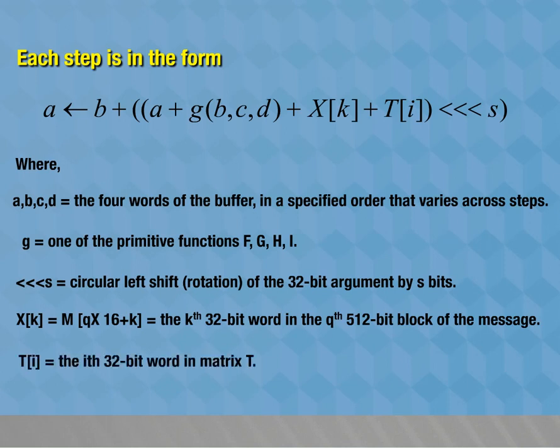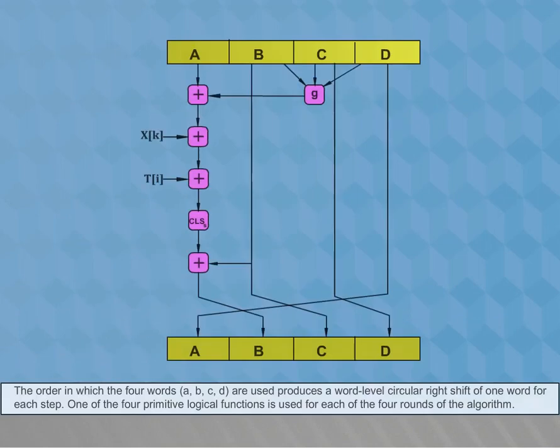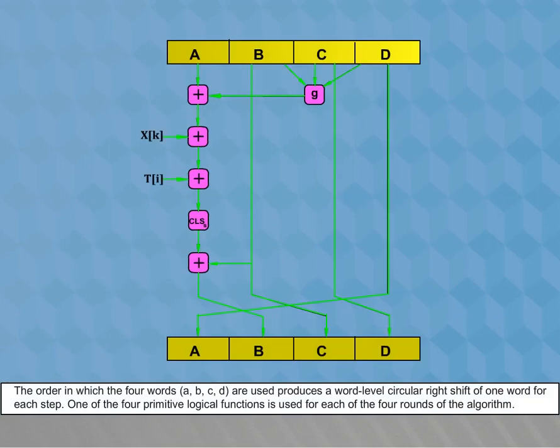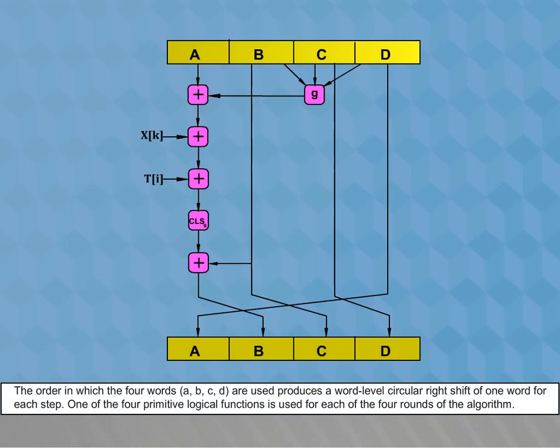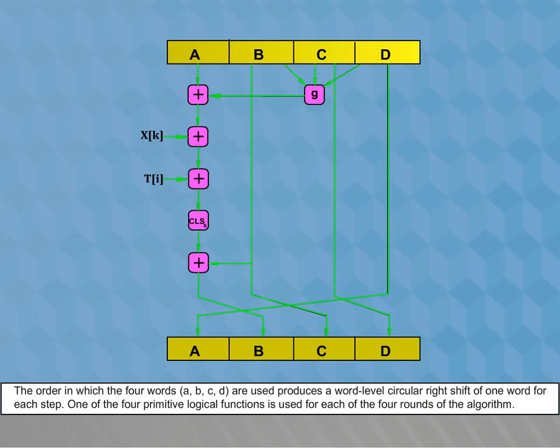T[i] is equal to the ith 32-bit word in matrix T. Plus is equal to addition modulo 2^32. The order in which the 4 words A, B, C, D are used produces a word-level circular right shift of 1 word for each step. One of the 4 primitive logical functions is used for each of the 4 rounds of the algorithm.